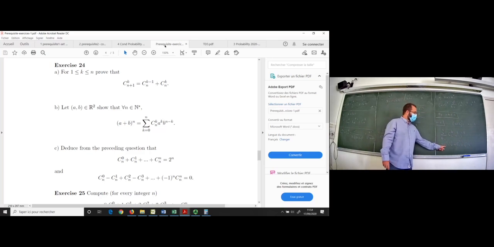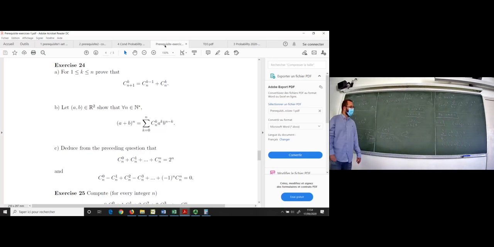What is C(1,0)? I take the definition, I can plug this in, I find 1, because 0 factorial is equal to 1. So C(1,0) is equal to 1. And if I compute C(1,1), I also obtain 1. To choose 1 among 1 or to choose 0 among 1, I have only one possibility. I choose nothing or I choose the unique element.